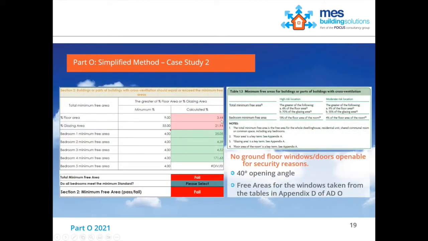We're miles off it. And again, if we look at it on the glazing area approach, we're an awfully long way away. That's to do with the areas that are openable in terms of the design, but also in terms of what we are allowed to model as open when it comes to ensuring the security and people's reasonable enjoyment of their residence.